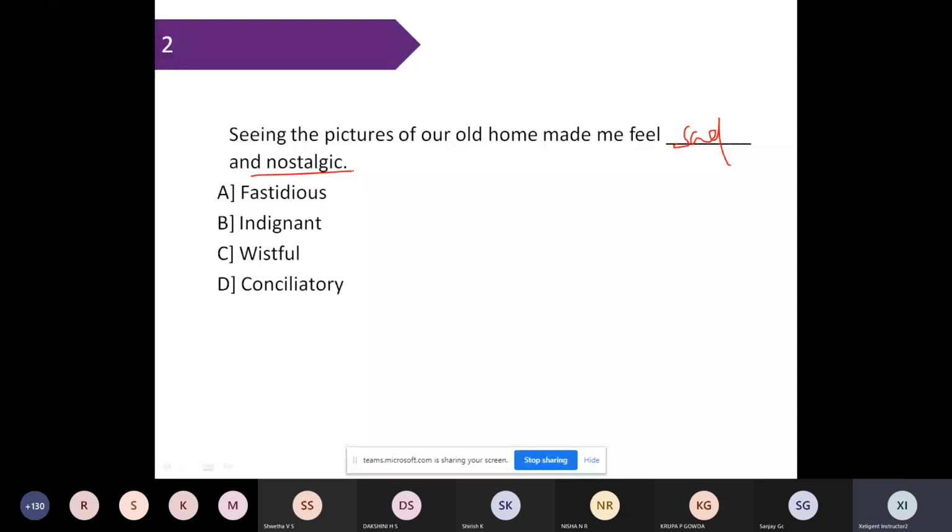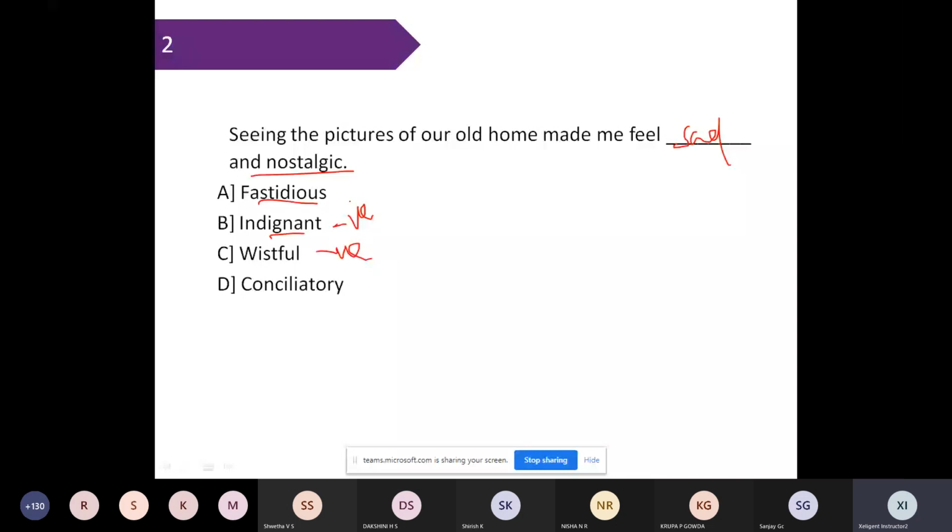If you take each and every word, fastidious is being attentive. Indignant means feeling bitter. This is a negative word, but that's not the exact word we wanted for this blank. Wistful is also a negative word, and that means being sad.